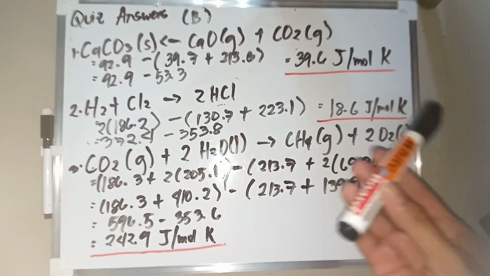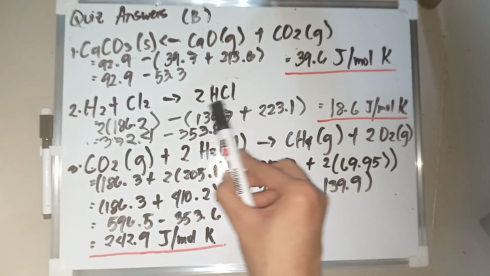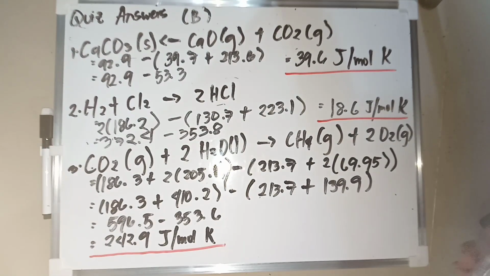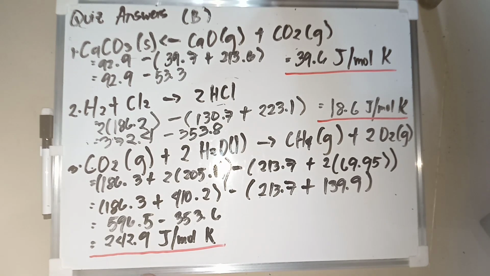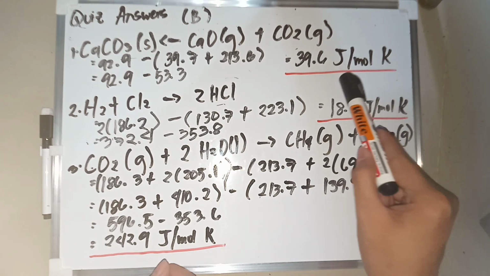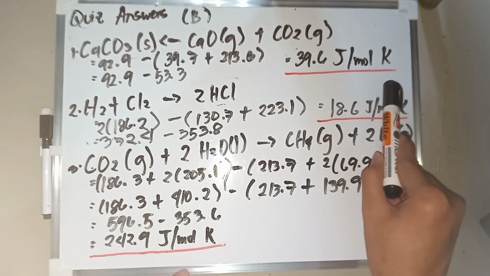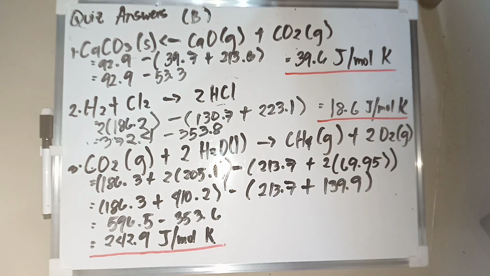Multiply the value of HCl by 2. And follow PEMDAS. Also, don't forget the unit: joules per molecule Kelvin.